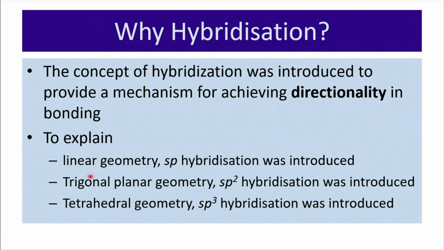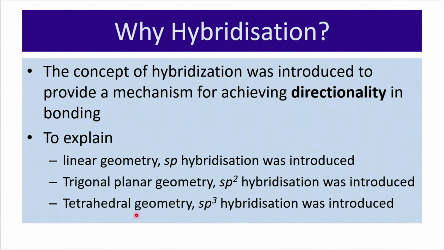In other words, linear geometry compounds can be explained by sp hybridization. The trigonal planar geometry of compounds can be explained by sp2 hybridization. For example, carbocations are planar in nature, and that planar nature can be explained by the sp2 hybridization concept.